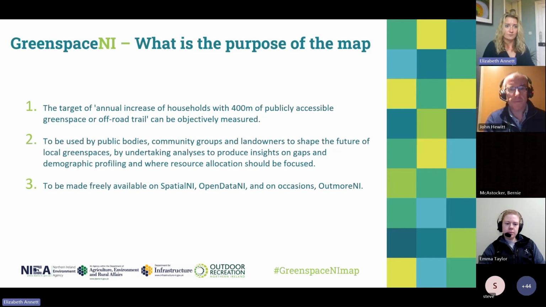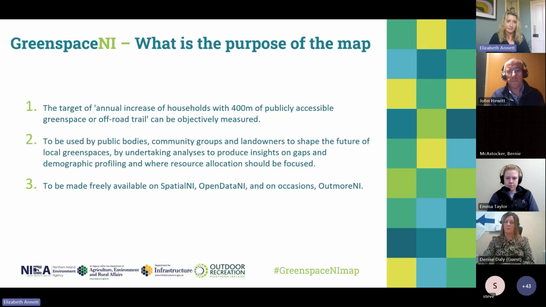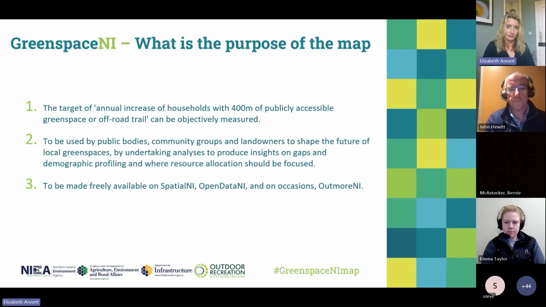In terms of the purpose of the map, it is so that we can monitor progress towards this 400 metre target, which is within important strategies. It's really something that's supposed to be used by our public bodies, by community groups, by our landowners to shape the future of green spaces for good. You can do that by undertaking lots of useful analysis and producing really interesting insights that help you plan where green spaces should go, where trails should be going.